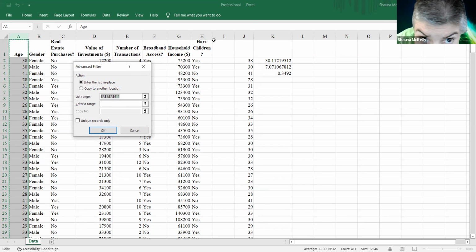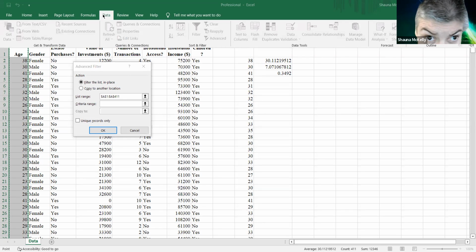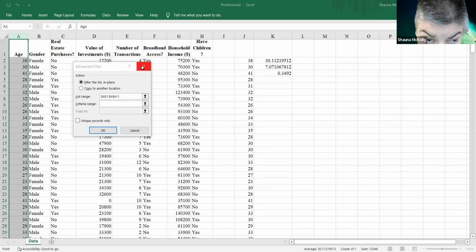Advanced, no. It should be under data. Let's see.